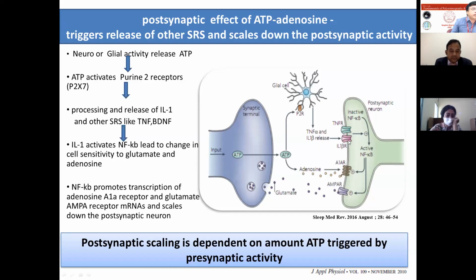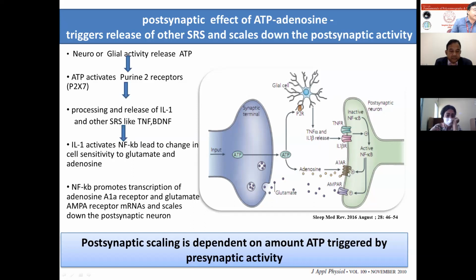These two in turn act on the postsynaptic terminal, where the inactive nuclear factor will be converted into active, and this active nuclear factor expresses more and more adenosine receptors at the postsynaptic junction.